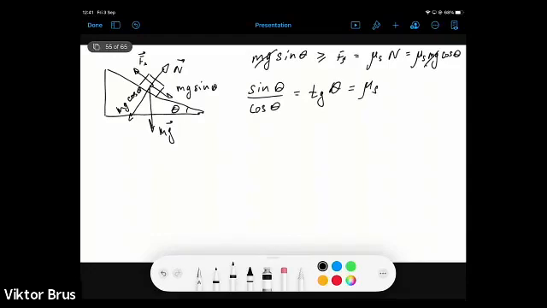So technically, the static friction coefficient is the only parameter which defines this critical angle at which the sliding of this body will start, taking into account the static friction force.